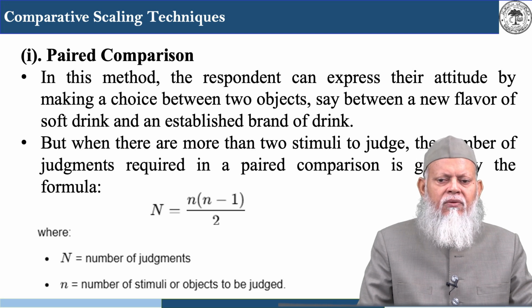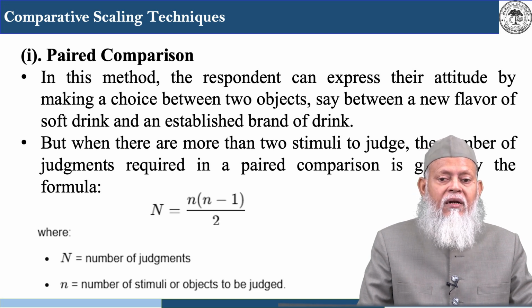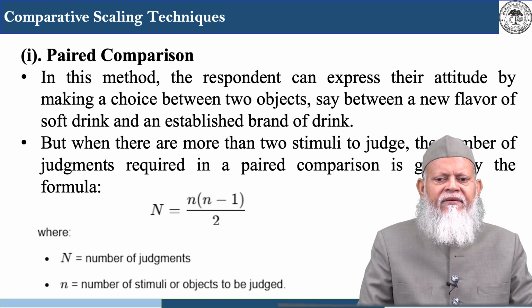Say a new brand of butter and an established brand of butter, or a new brand of cycle and an old brand of cycle. So the respondent has a choice between two objects.